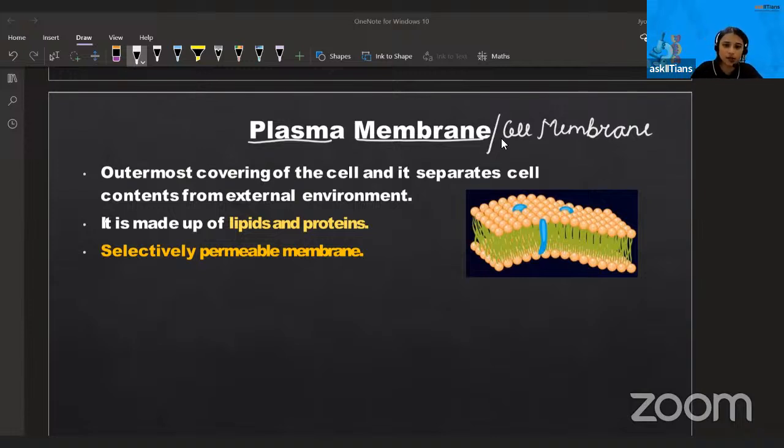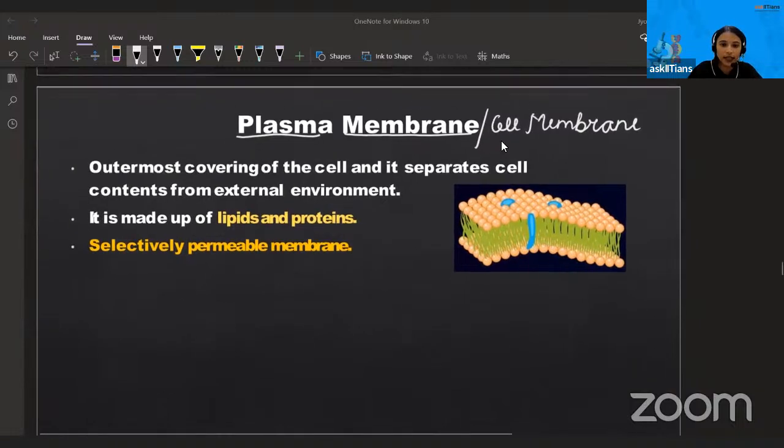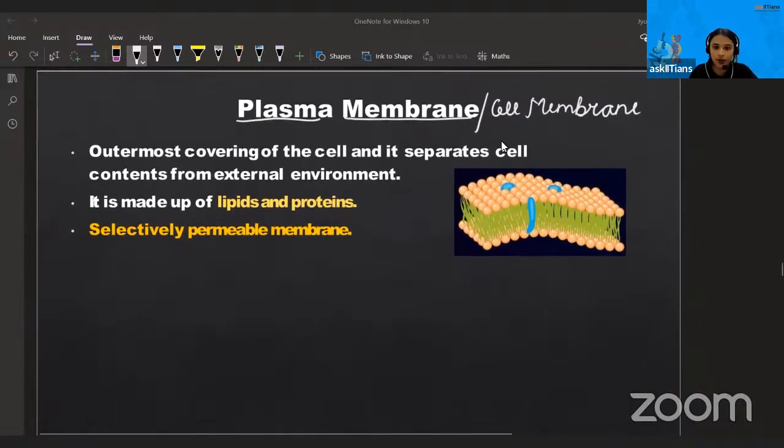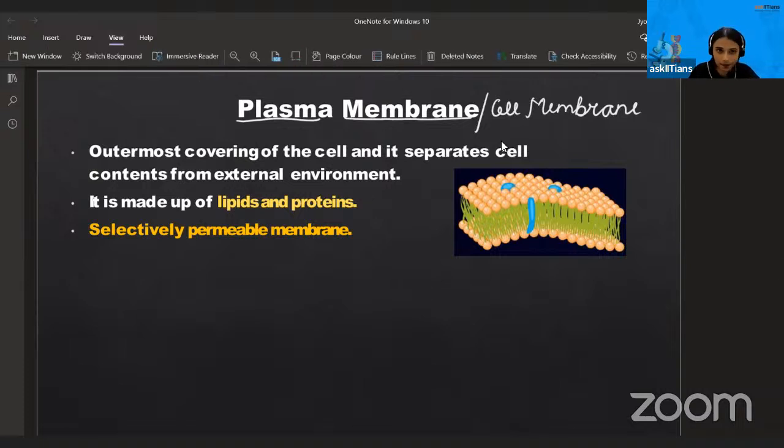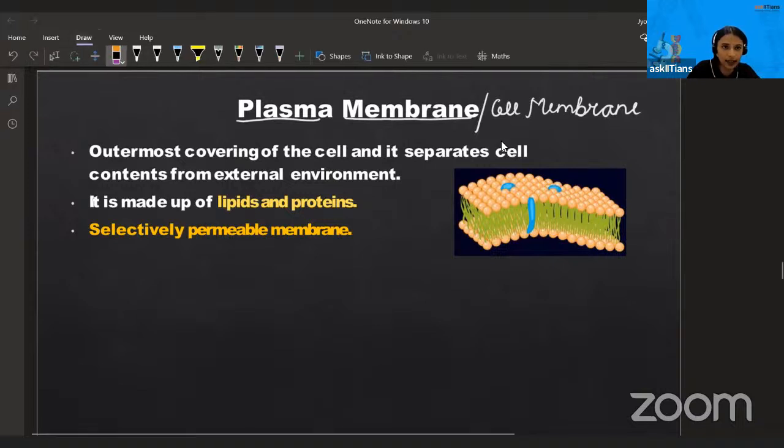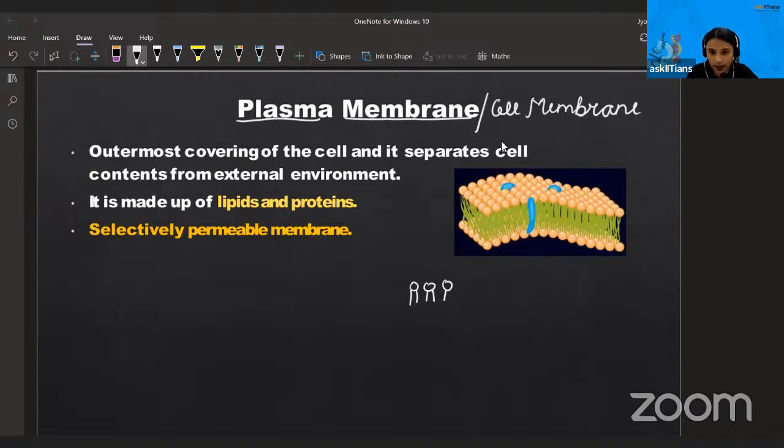Now, if I talk about the composition of plasma membrane, it is made up of two molecules. One is lipid, another one is protein. And this lipid is actually present in the form of a bilayer. That you will study in higher grade, this model, the fluid mosaic model.